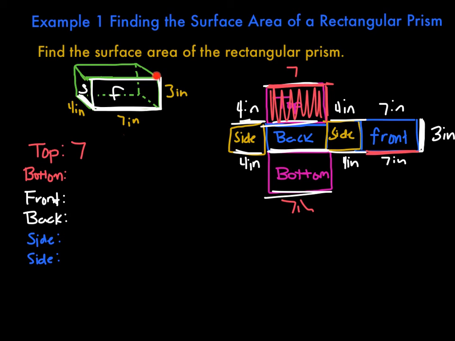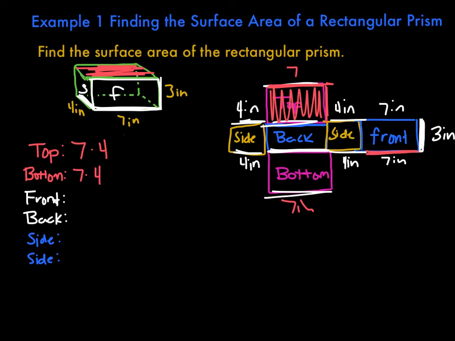We have 7 times this amount right here. Well, if this is parallel to this, and this is 4 inches, then this is also 4 inches. So it'd be 7 times 4. That would give us the area for our top. Well, and if that's true, the bottom is identical, because it's parallel, so it's 7 times 4.